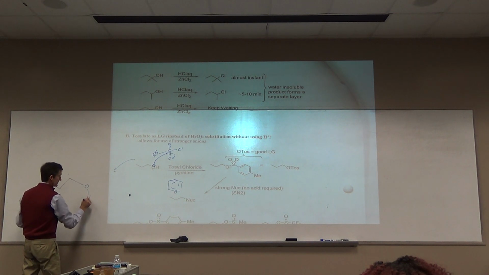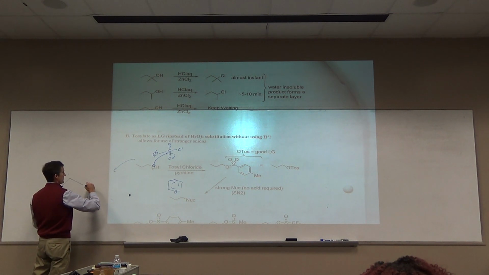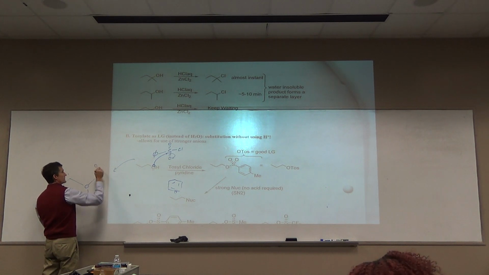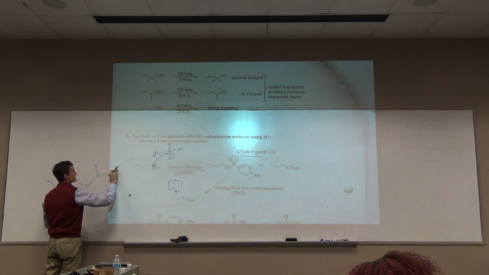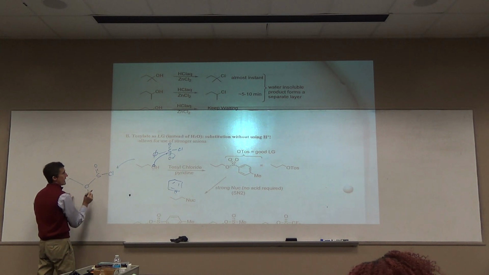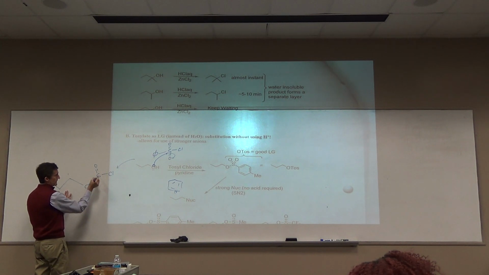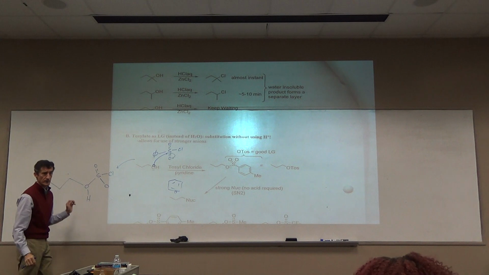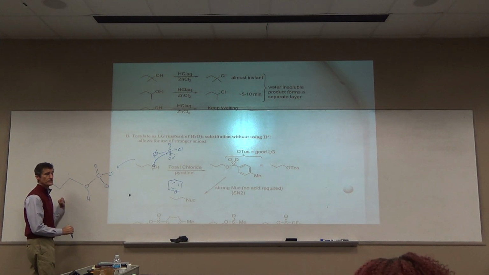Oxygen, the H is still there. The oxygen is now bonded to the sulfur. We have double bond to oxygen. We have a chlorine. And then what's the other look like? Everybody knows what this arrow means? Okay, what does arrow mean?